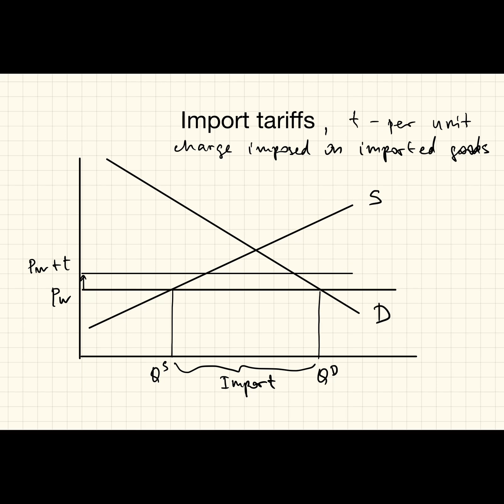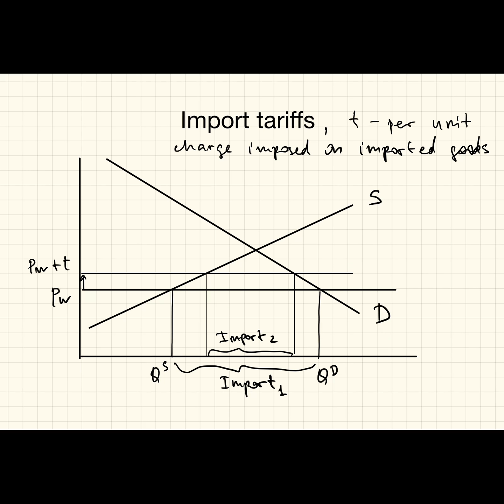The next thing we can notice is that import should shrink, something I just mentioned. Import will shrink, and because it shrinks, price goes up, because it's effectively the same as a decrease in supply. So let's say this was import 1, this is import 2. First thing to notice, import gets smaller.